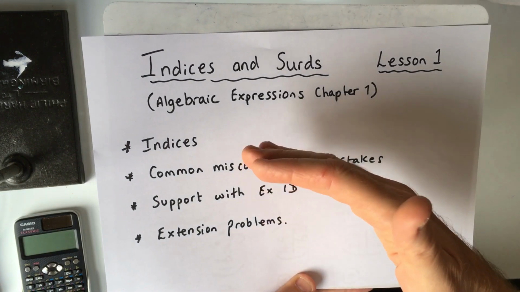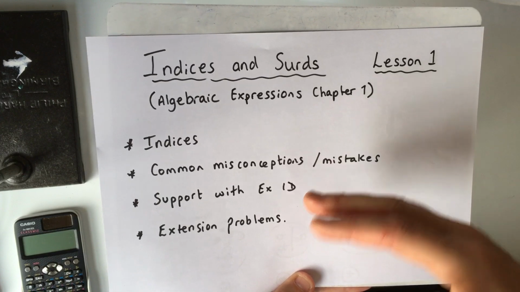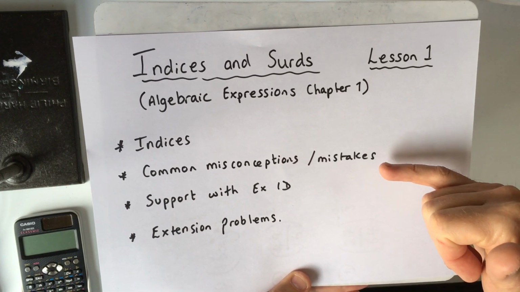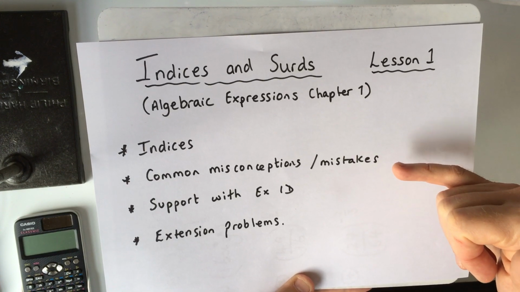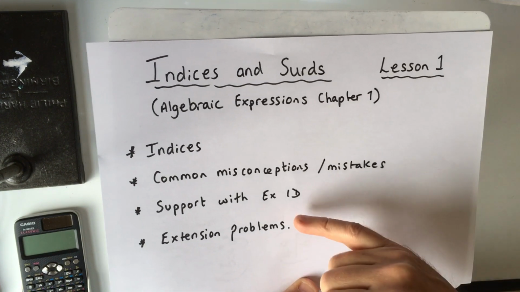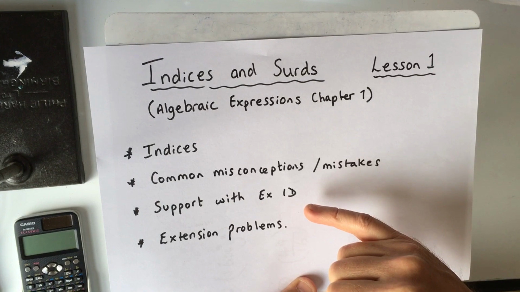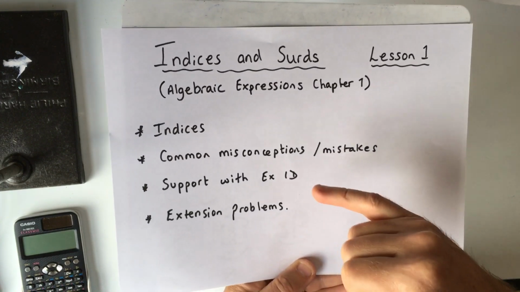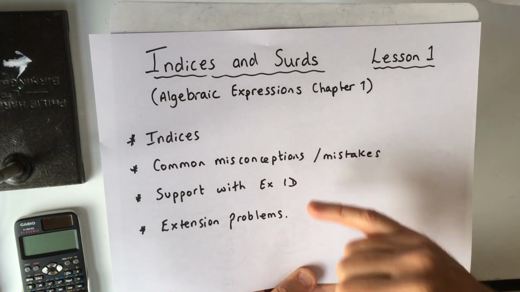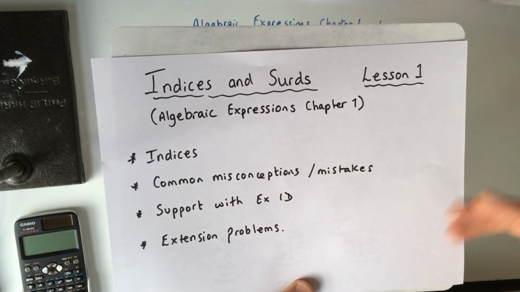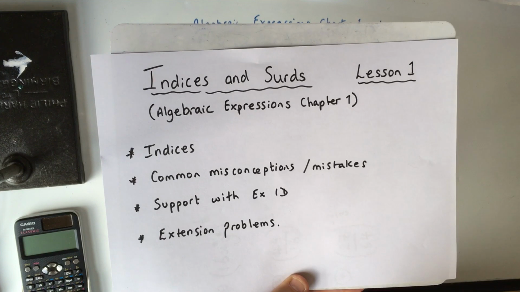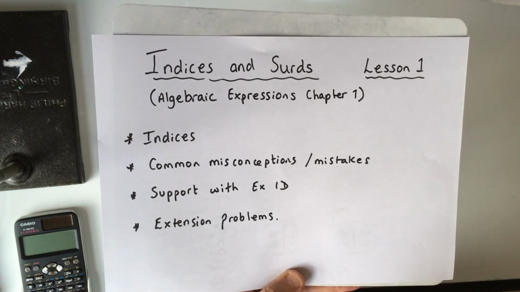I'm just going to go through the indices, give you a bit of practice, and look at some common misconceptions and mistakes that you may be tempted to make, so hopefully we'll avoid those in the future. I'll do a little bit of support with exercise 1D, that's on page 11, and I've done some extension problems for you that extend what is covered in the book, and that will just make you a better mathematician.